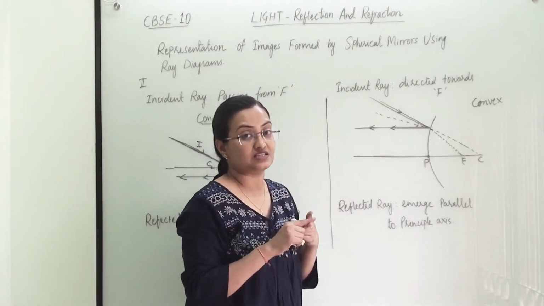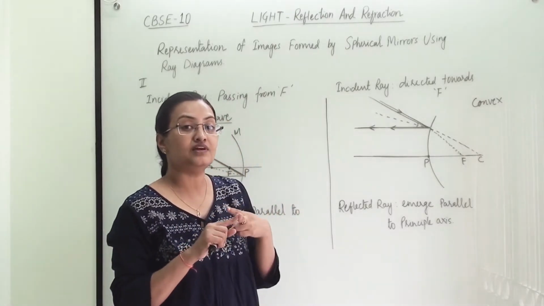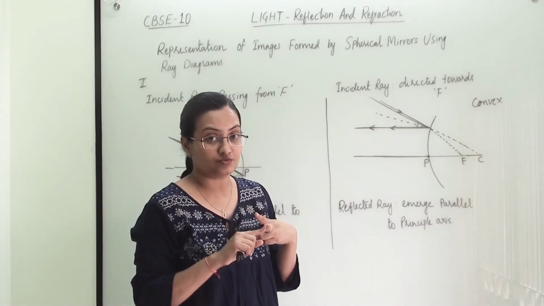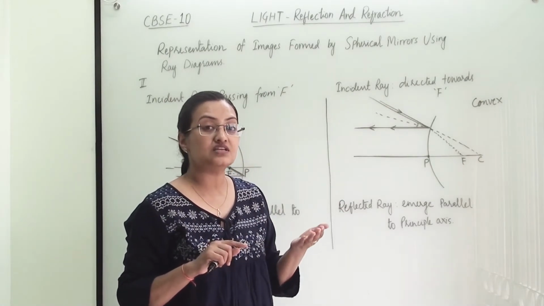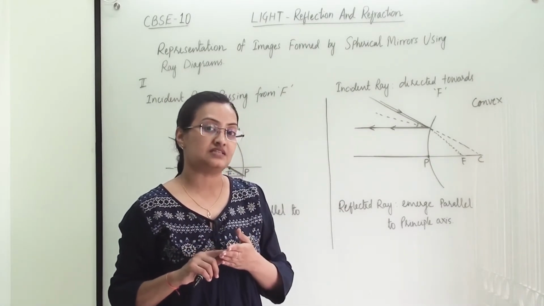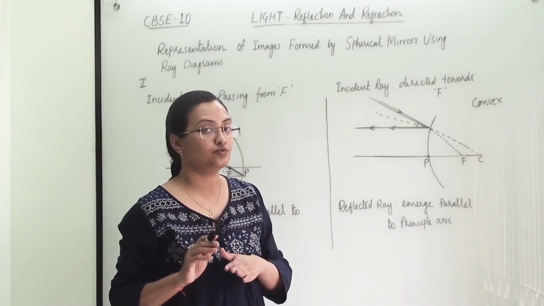So in both cases, when the incident ray passes through the principal focus point of a concave mirror or a convex mirror, it will emerge parallel to the principal axis.